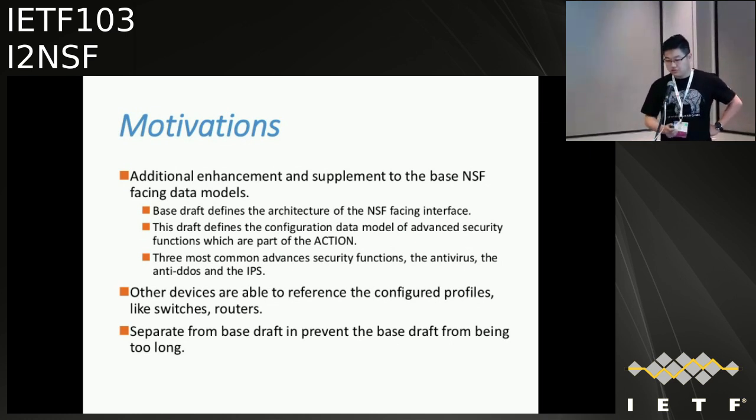We consider the base draft defines the architecture of the NSF facing interface, and our draft is the additional enhancement and supplement. In the base draft, it defines the action part, and it contains several advanced security functions. And in our draft, we want to further define the detailed configuration model of these advanced security functions.